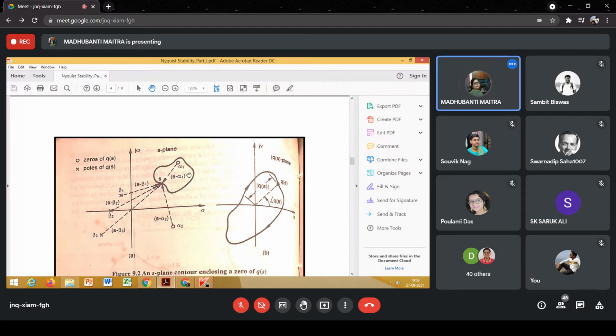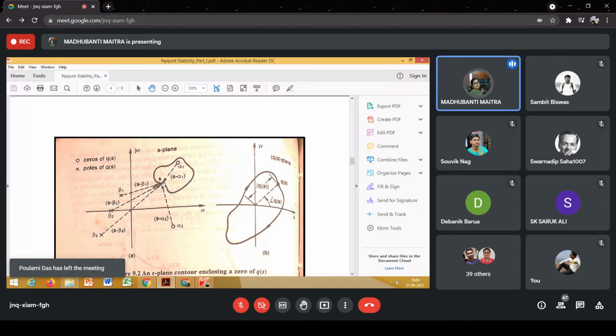Only one single zero of Q(S) is enclosed by the S plane contour. Clear?